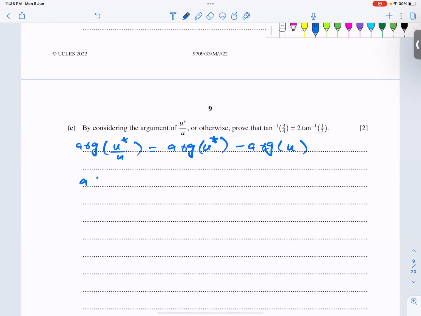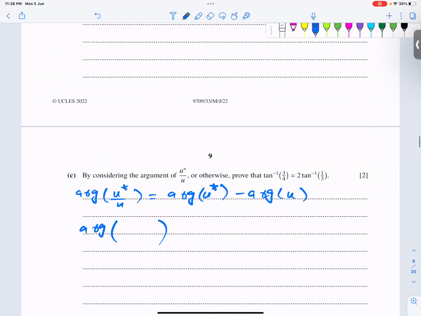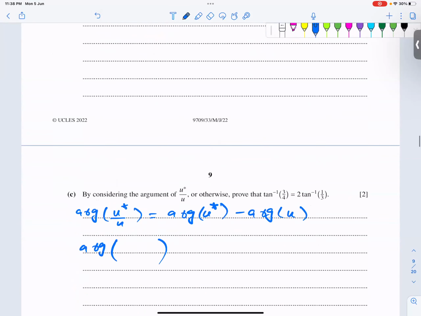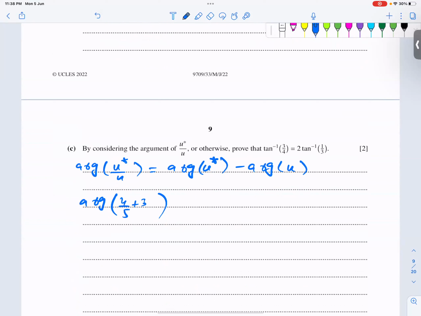Now I will put all the values here. So u star over u was 4 over 5 plus 3 over 5 i, which is equal to the argument of u star, that was 3 plus i, minus the argument of u, that was 3 minus i.